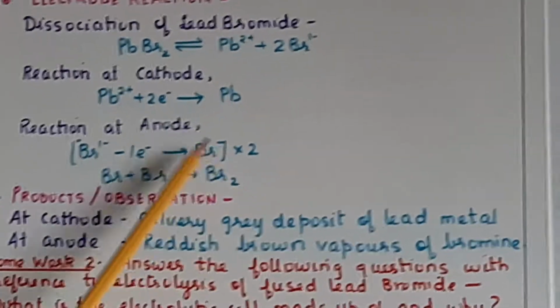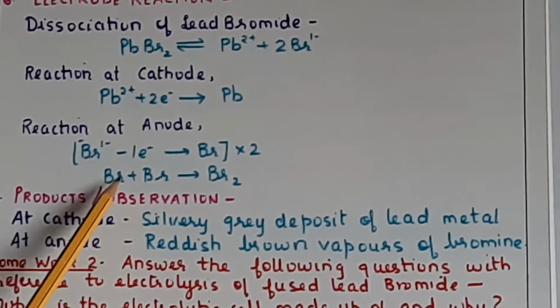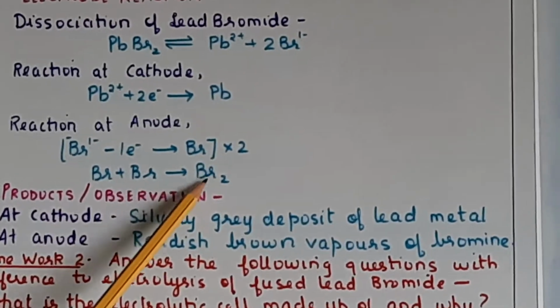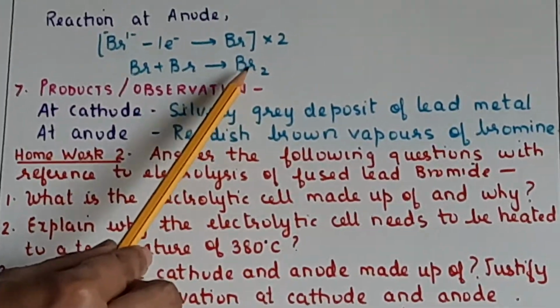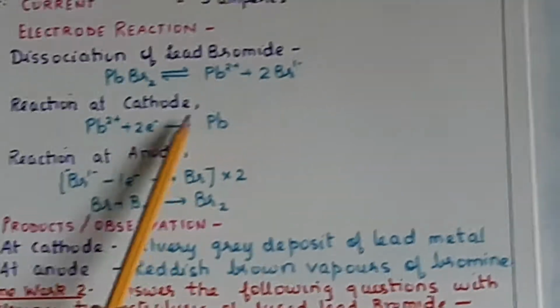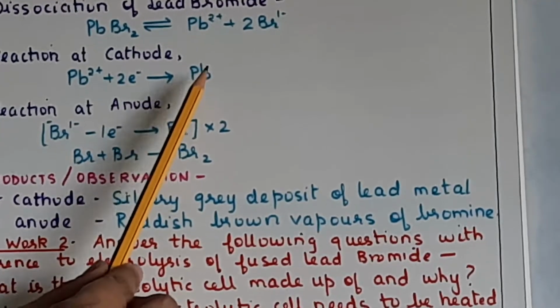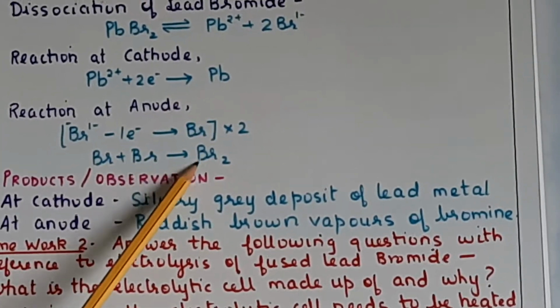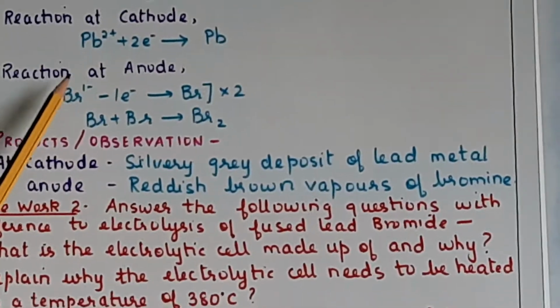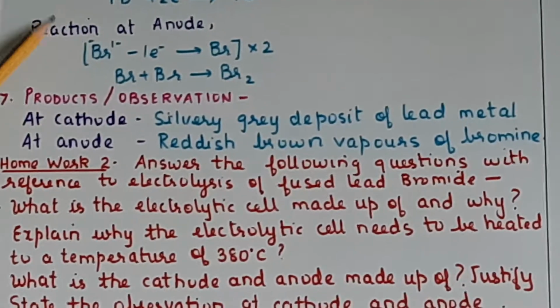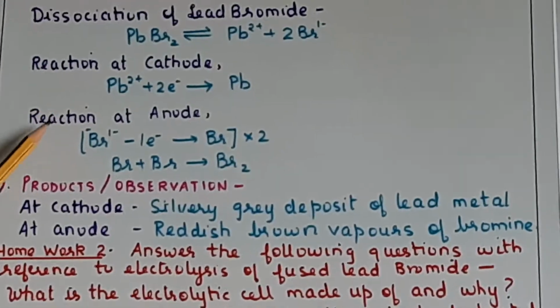So 2Br, I have just split it up and written as Br plus Br, will form a bromine molecule. So at the anode you see reddish brown vapors of bromine, very important. Here it is the silvery grey deposit of lead metal and here reddish brown vapors of bromine are observed. So these are the electrode reactions at the cathode and at the anode.